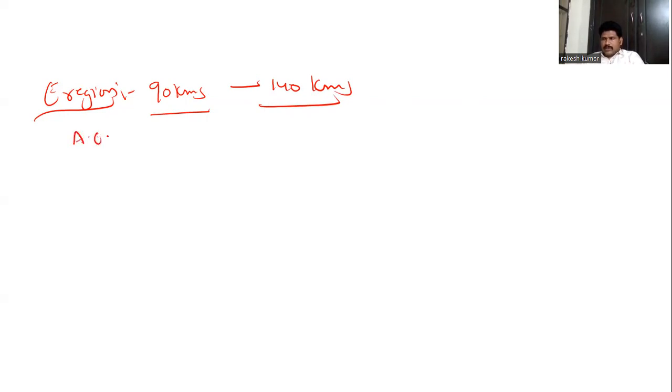Two scientists, namely A.E. Kennelly in USA and Oliver Heaviside, independently predicted that there is an E layer.